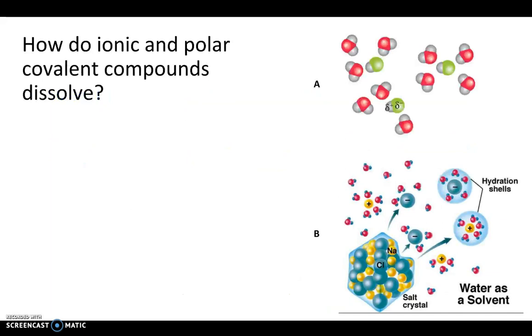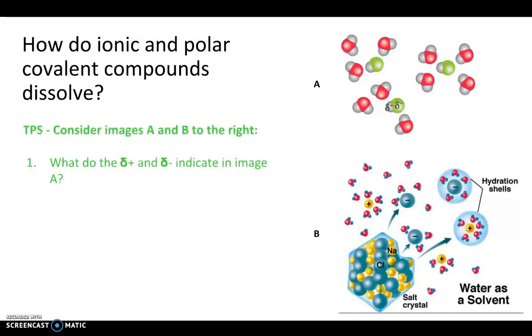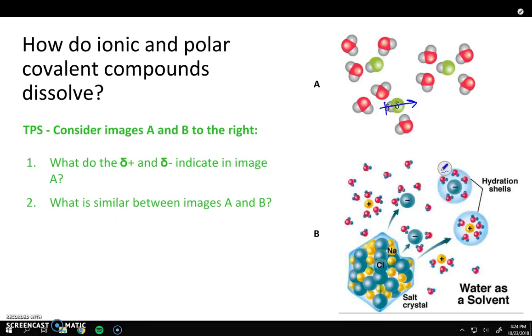So we looked at these pictures to compare how ionic compounds dissolved in water versus how polar covalent compounds dissolved. And we considered the little deltas on our polar covalent molecule right here. We thought about what was similar between images A and B. So they both have water.